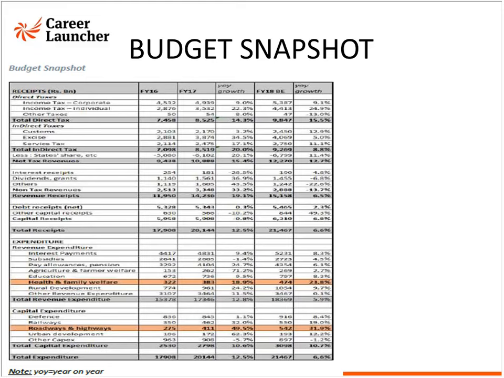So you will see that this column shows how much increase you have made in your 17 budget, and this is your 18 estimated that the government has presented in the budget. This YOY growth essentially shows how much more you are going to spend this year compared to what you spent last year. So YOY growth, which is year-on-year growth, is given in percentage, and these numbers 16, 17, 18 are in billion.